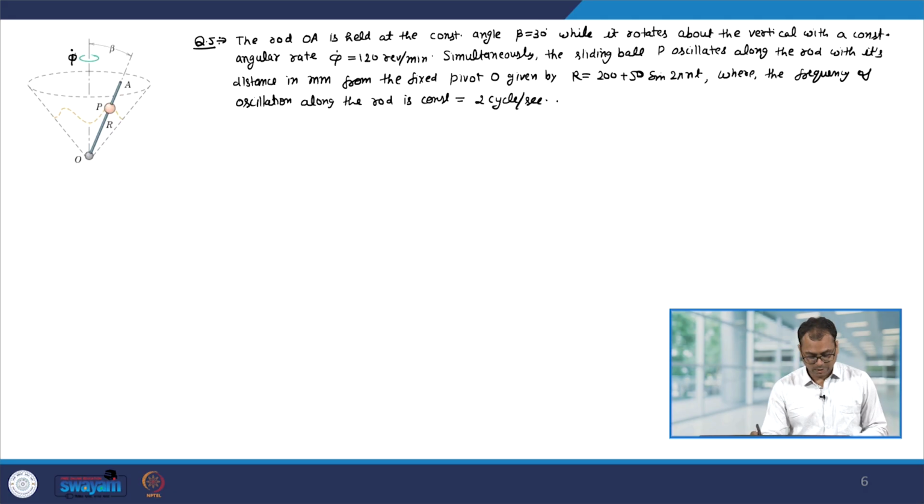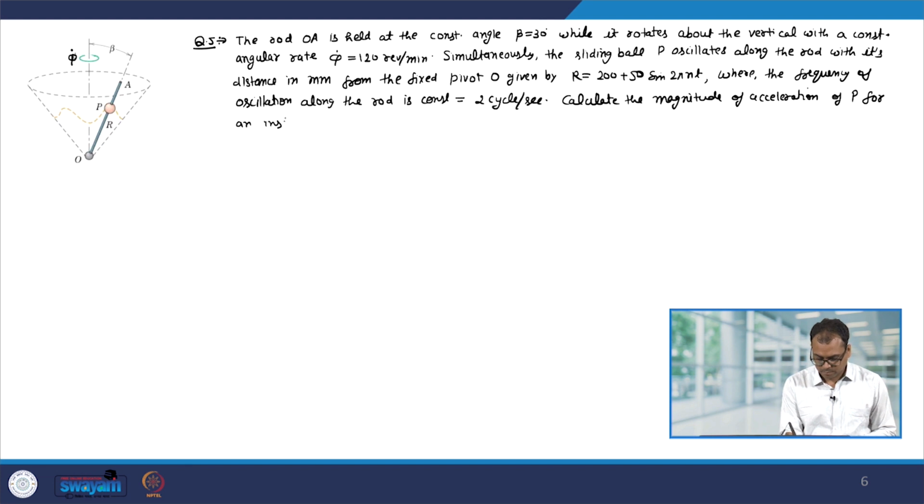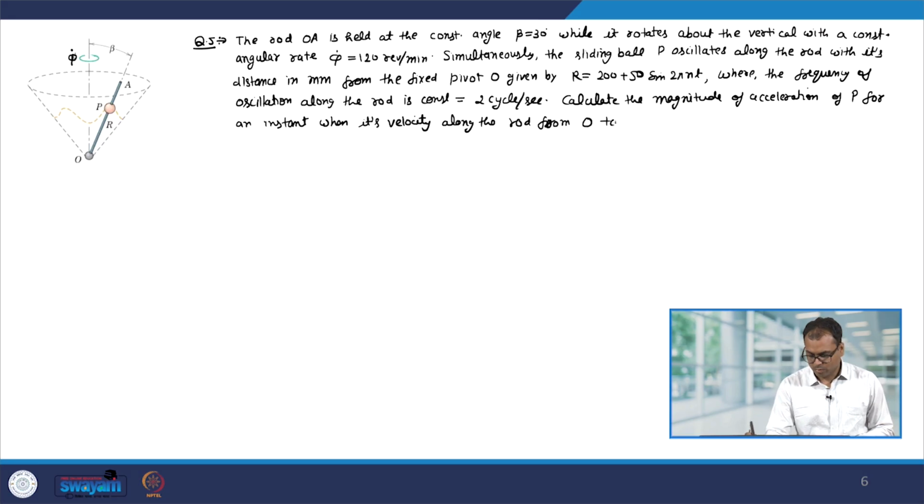And we have been asked to calculate the magnitude of the acceleration of P for an instant when its velocity along the rod from O towards A is maximum.